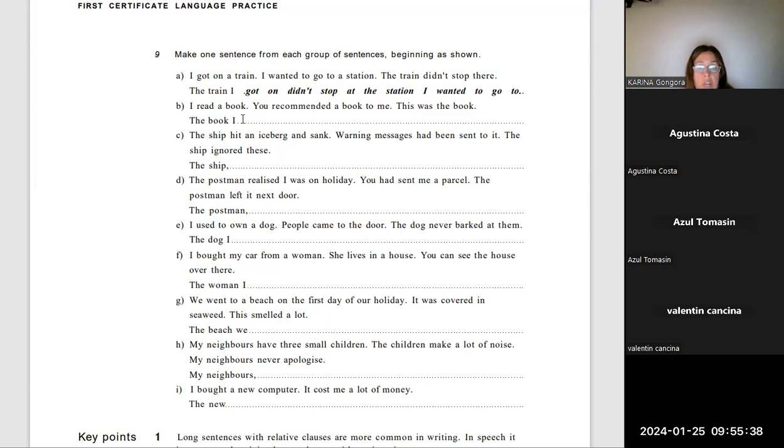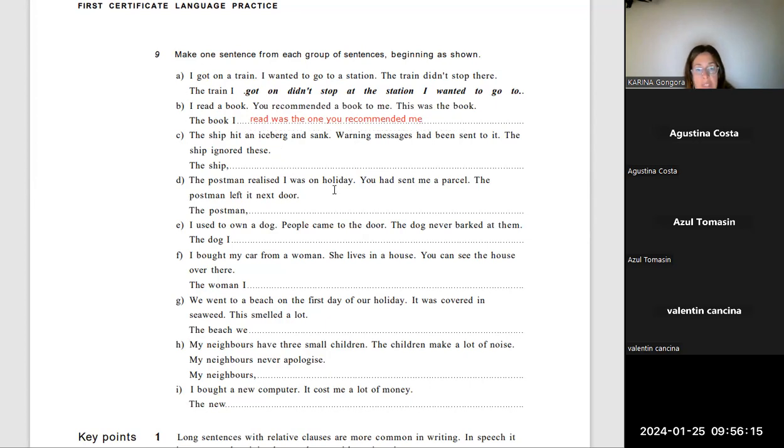The book I read was the one you recommended me. Very good.